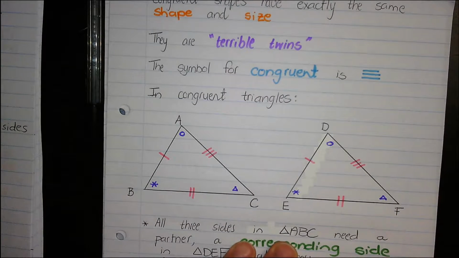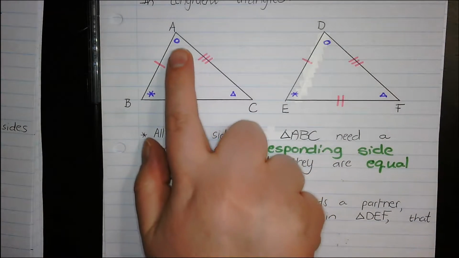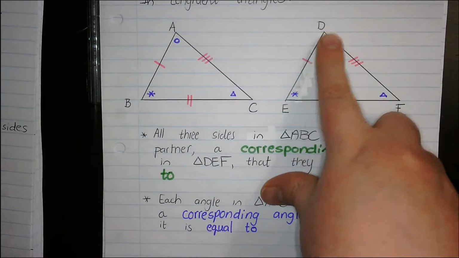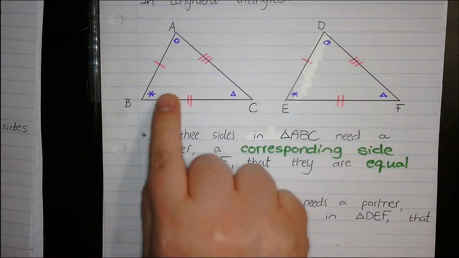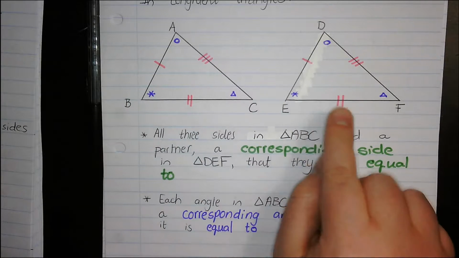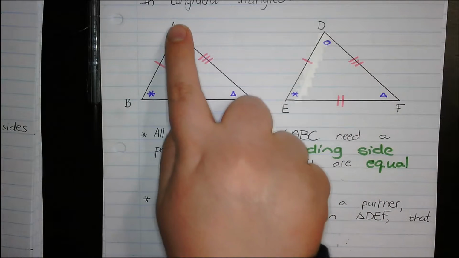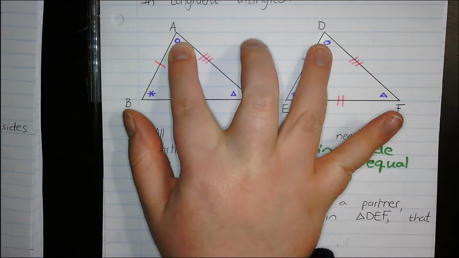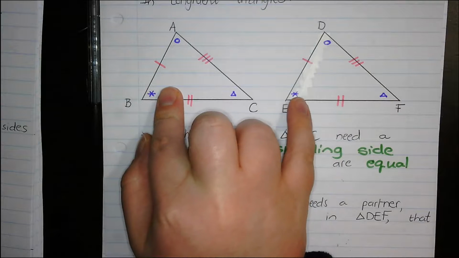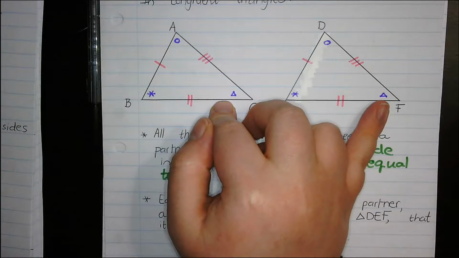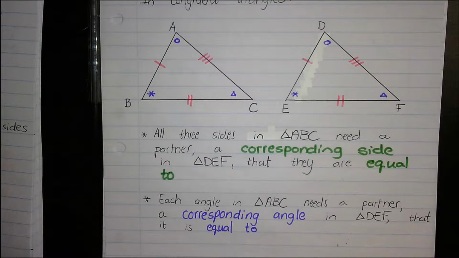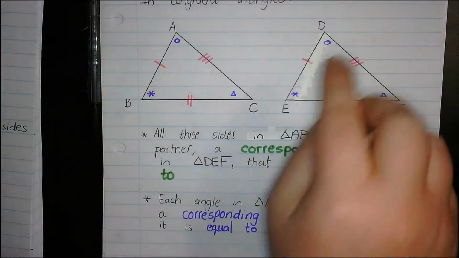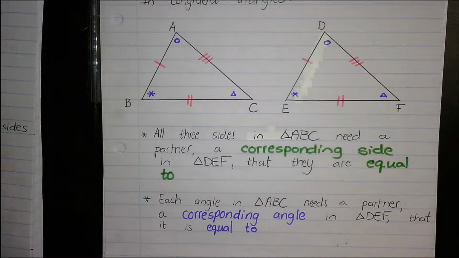In congruent triangles specifically, each side has a partner in the other triangle that is equal to it, and each angle has a partner too. If they don't have partners, or if they're not in the correct order, then they're not congruent.